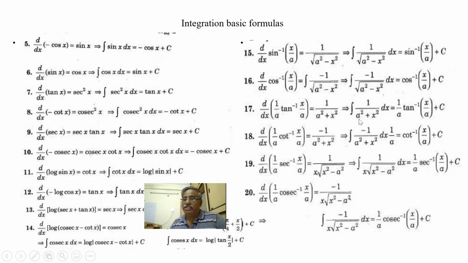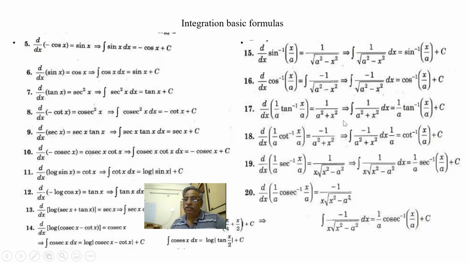Similarly, in place of 1 by a square plus x square, if it is 1 by a square minus x square, without root, a square plus x square we know is tan inverse. If it is a square minus x square, then tan h inverse. Minus 1 by a square minus x square, cot h inverse.